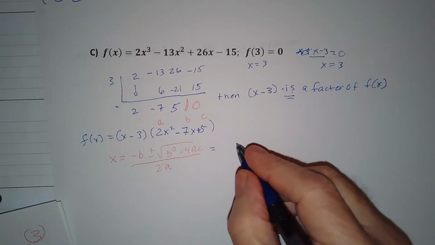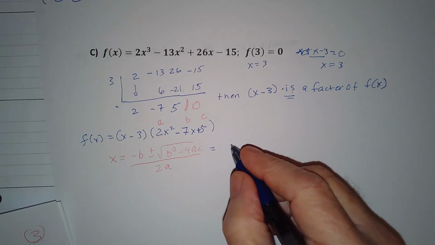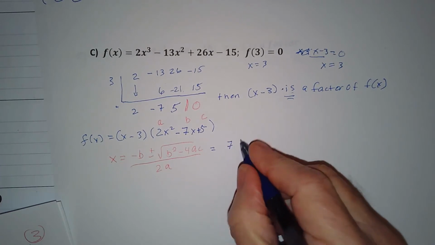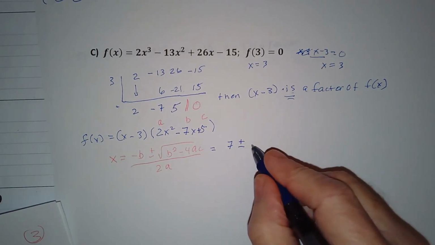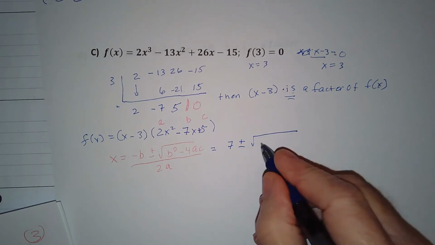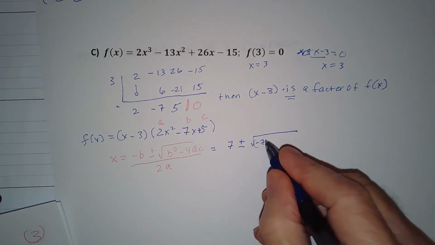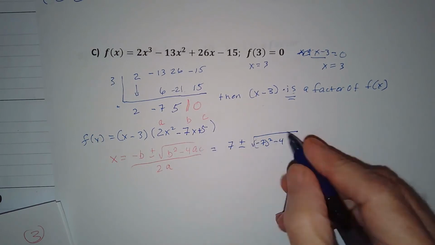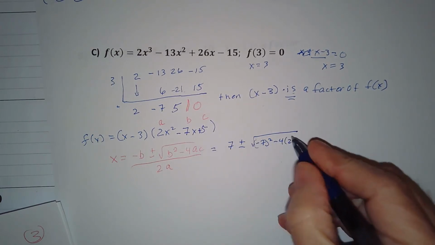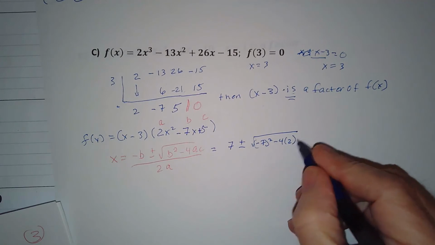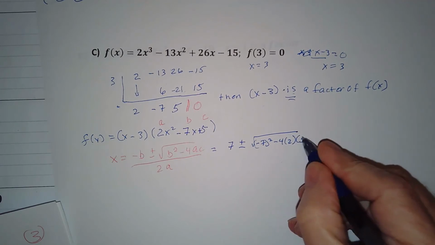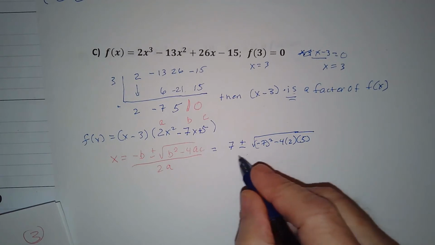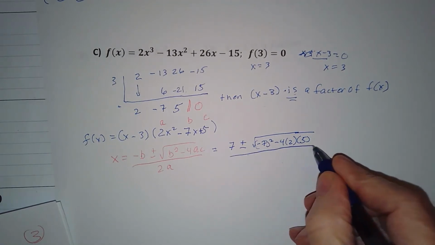Our B is negative 7, so the opposite of negative 7 is positive 7, plus or minus the square root of negative 7 squared minus 4 times our A is 2, and our C is 5, and that's all divided by 2, and our A is 2.